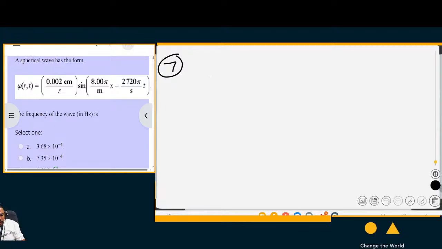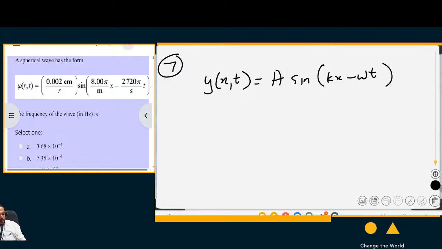So we know that the general formula for a wave function is x, t. I did this yesterday. The amplitude times sine of kx minus omega t. In this case, it's a minus, so we'll just stick with the minus angular frequency times t. They want the frequency.